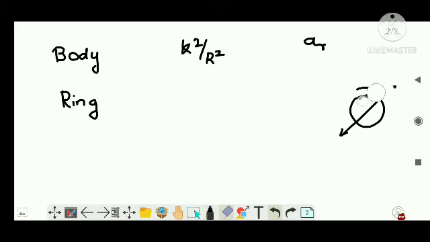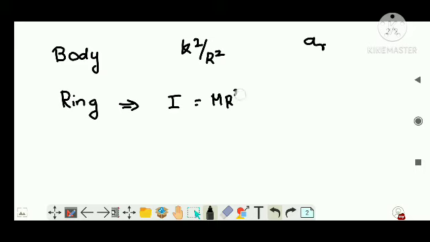So if you ask what is k squared by r squared, it's very easy. How can I calculate k squared by r squared? You know, the moment of inertia of a ring about its axis of rotation is mr squared, and you can write in terms of the radius of gyration as mk squared. So what will be I by I? It will be 1, right?